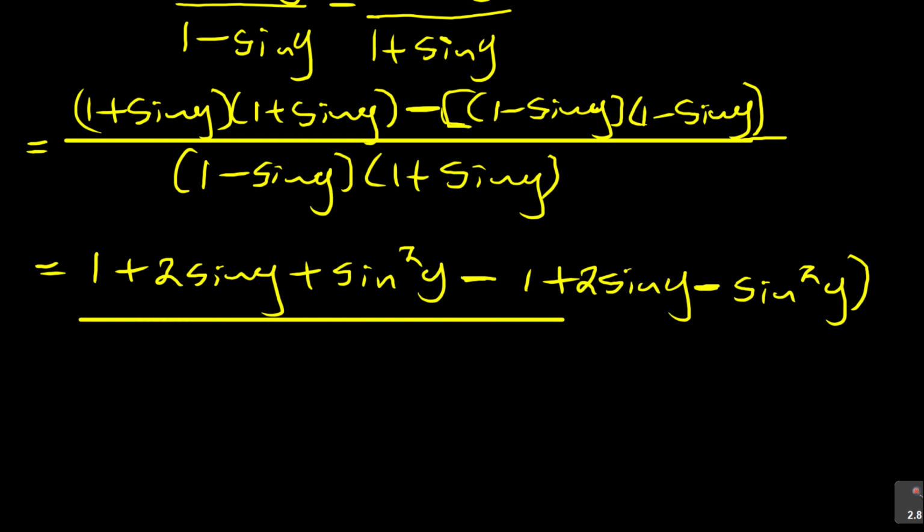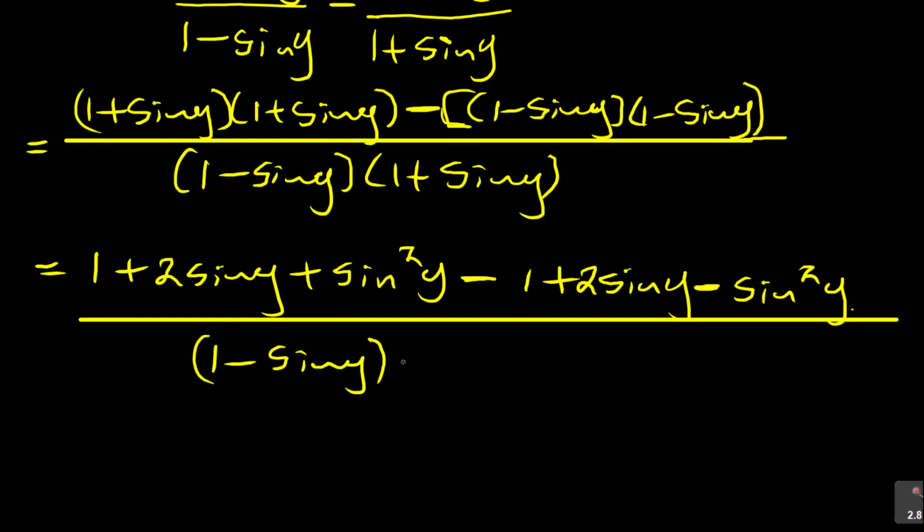And then here, divided by, I think I need to take off also this bracket here. Divided by, again, I think I can leave it as is at the bottom for now: 1 minus sin y, let's leave it like that, and 1 plus sin y, but I think we'll need to expand that, but let's see where it takes us.